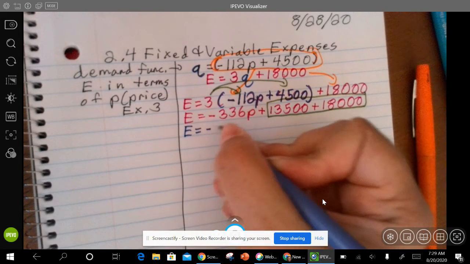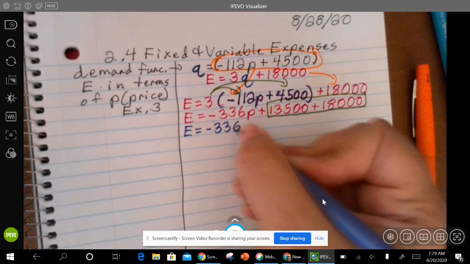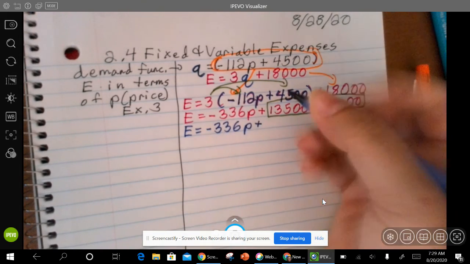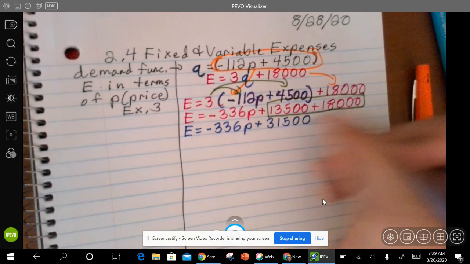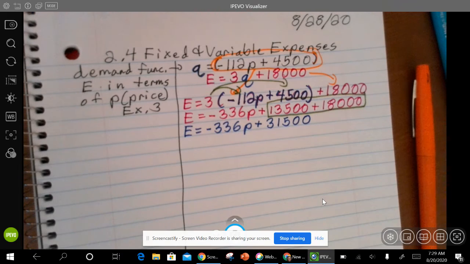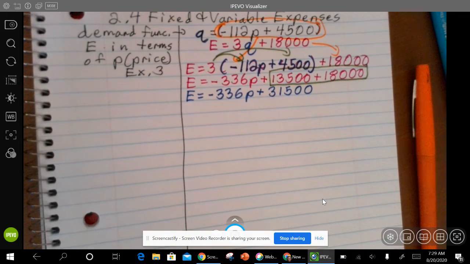So our final equation, we're going to get negative 336p plus 31,500. We got it. Okay, and this is also example number 3 in section 2.4 of my book.